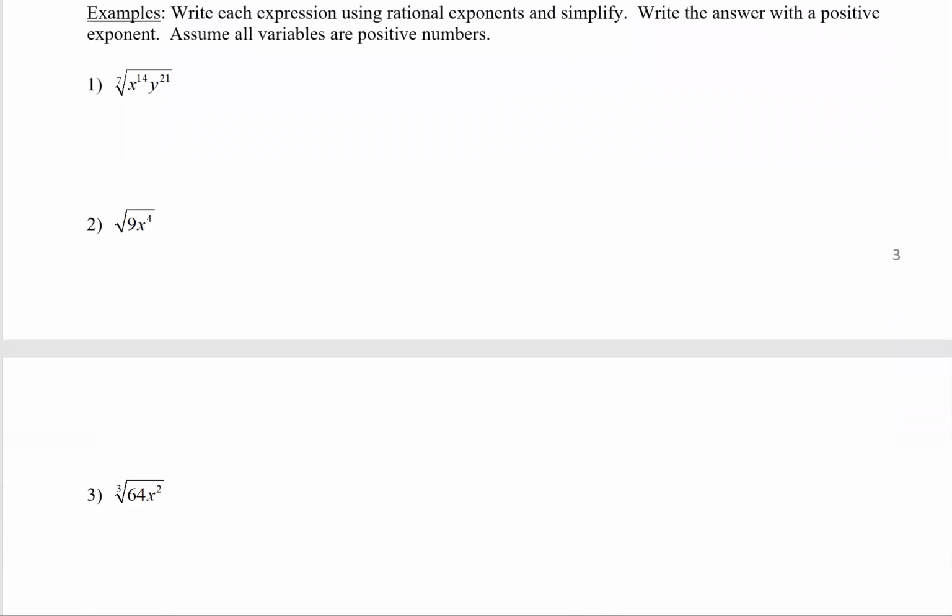So example number 1, write each expression using rational exponents and simplify. Write the answers with a positive exponent. Assume all variables are positive. Well, that's fabulous because that means we do not need absolute values.